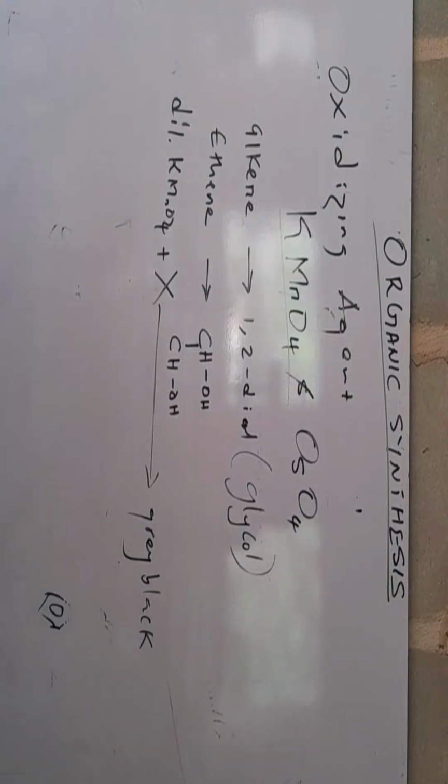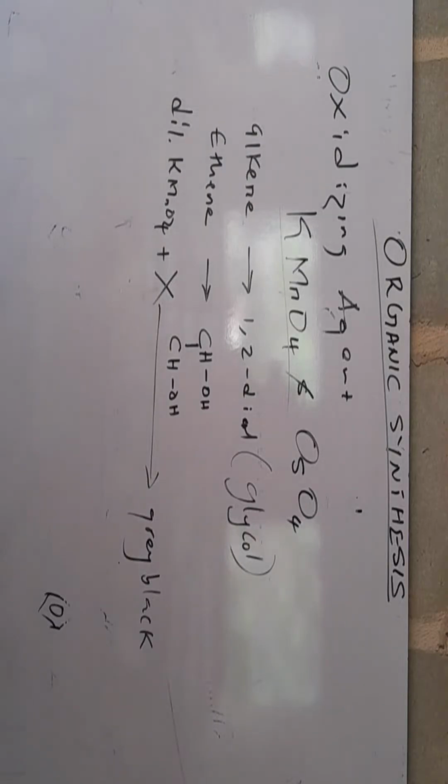The gray-black color is as a result of MnO2 precipitate. So the KMnO4 changes to MnO2 in the form of a precipitate.